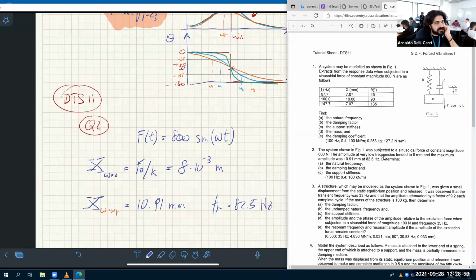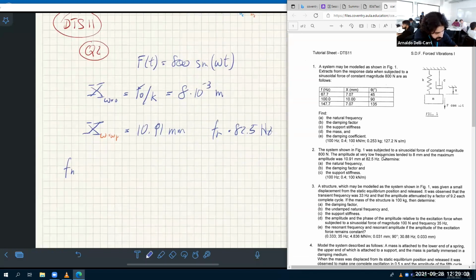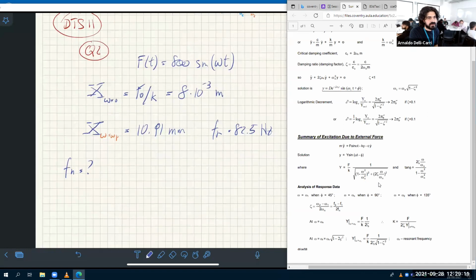All right, determine the natural frequency. How do I find fn, knowing all these things? Well, let's go back to the formula sheet. You know that the amplitude when omega is omega r is this beast here.